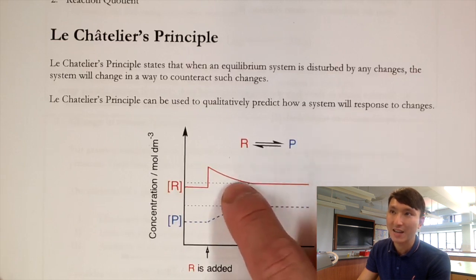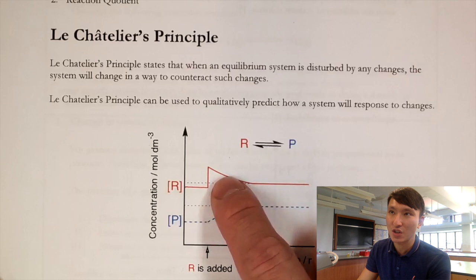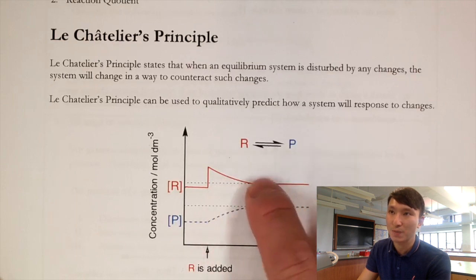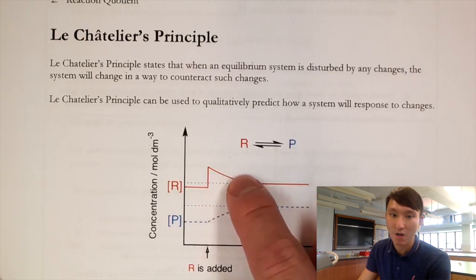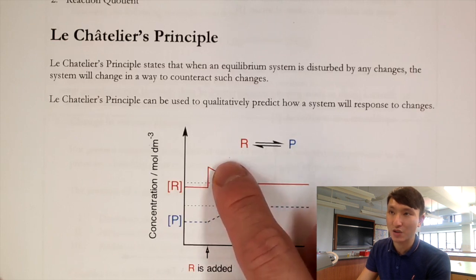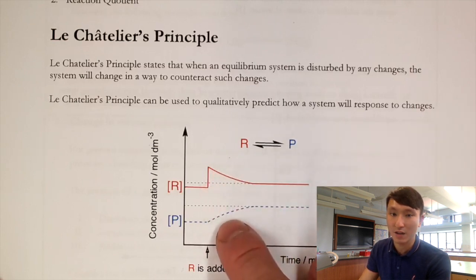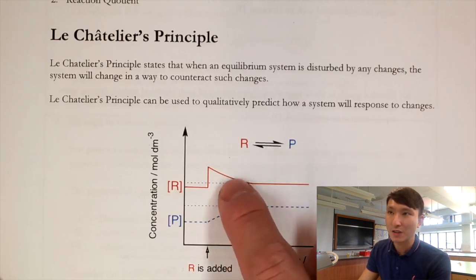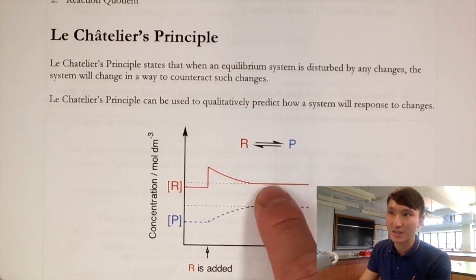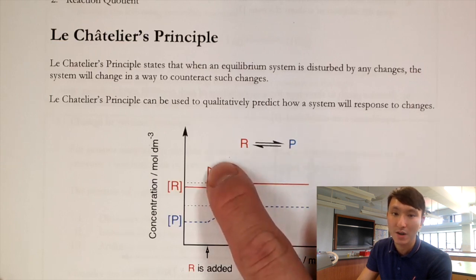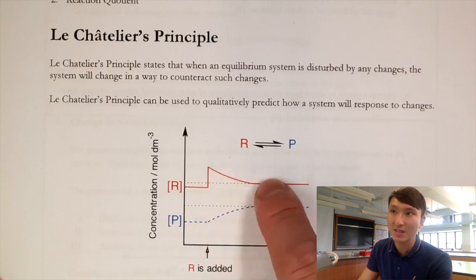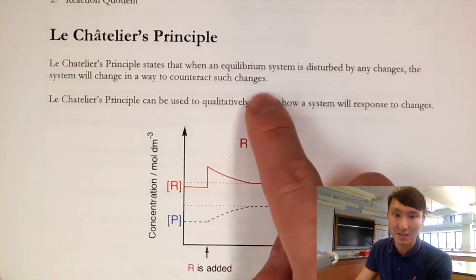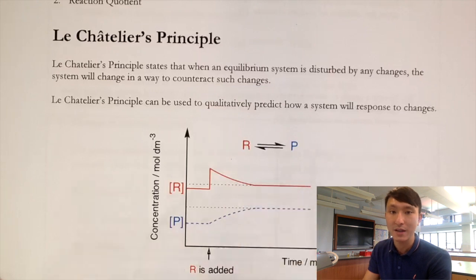Now as you can see, when they change to reach the new equilibrium, they change by lowering the concentration of R, and as the concentration of R is decreasing, the concentration of product is obviously increasing, right? So after they reach the new equilibrium, you notice that the concentration of R has been significantly lowered when compared to the moment where the R is added. So this illustrates the counteraction, as predicted by Le Chatelier's principle.